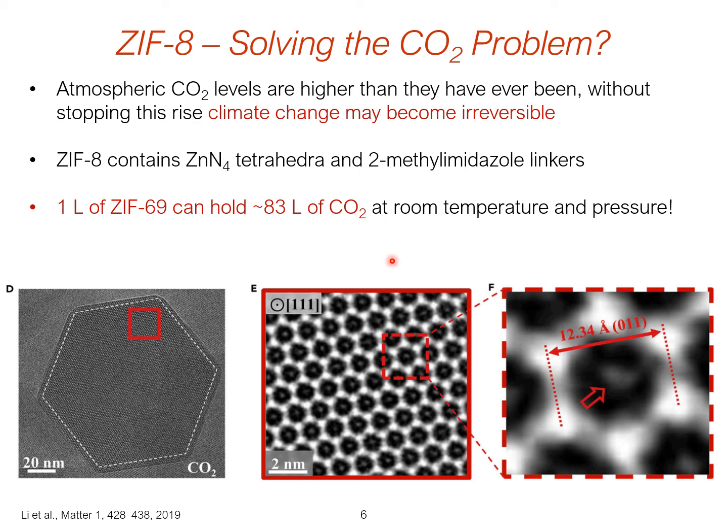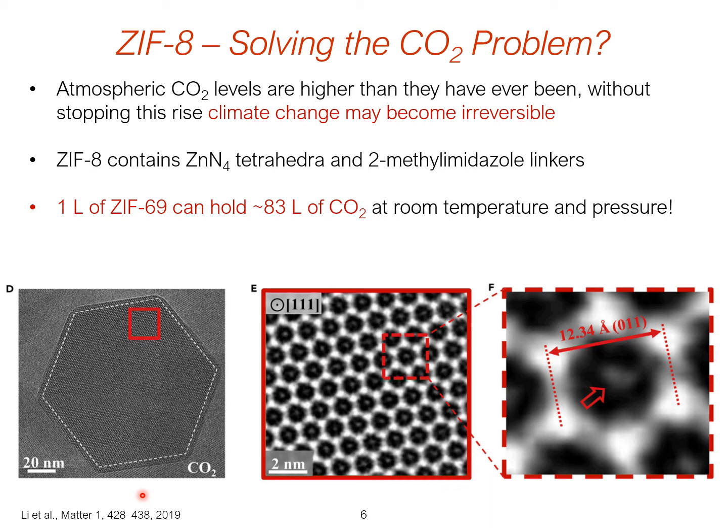Now the figure I've got here is one of my favourites that I've seen in literature. It's a really good picture, and what they're aiming to do is show that ZIFs can take CO2 out of the atmosphere. So atmospheric CO2 is the real problem of climate change. The concentrations are higher than they've ever been, and without stopping it, climate change may become irreversible.